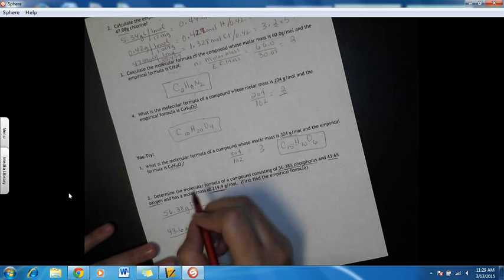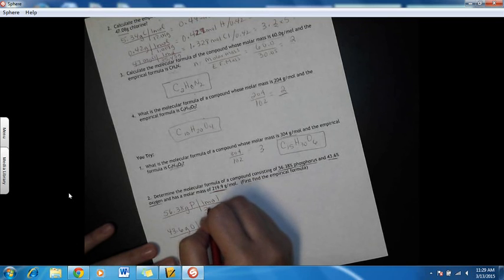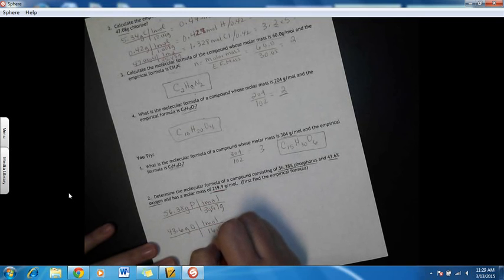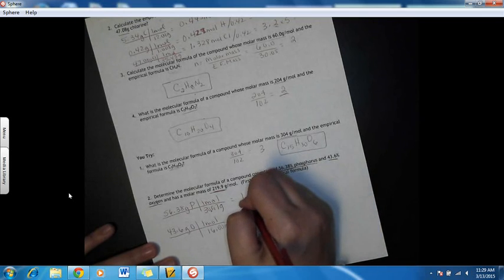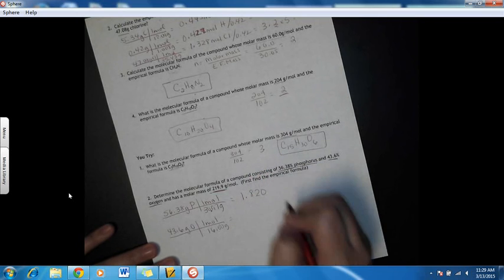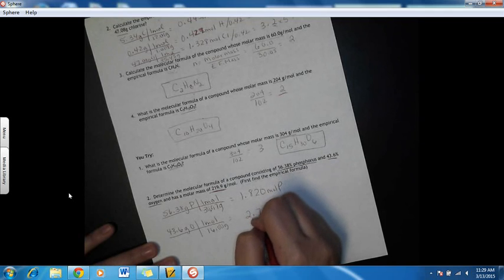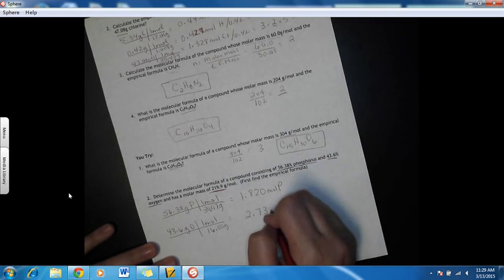Alright, remember our poem, mass to mole. So we convert our mass into moles. 1 mole of phosphorus has 30.97 grams, and 1 mole of oxygen is 16 grams. So we convert to moles, and we get 1.820 moles of phosphorus, and 2.73 moles of oxygen.